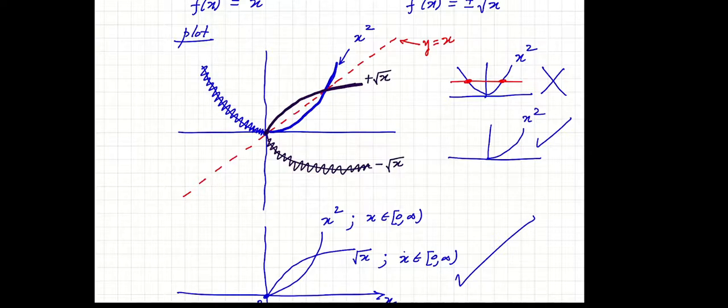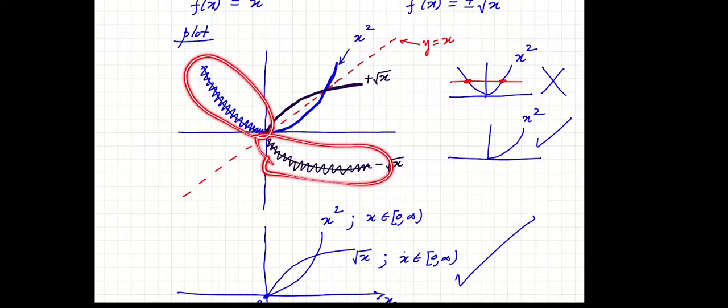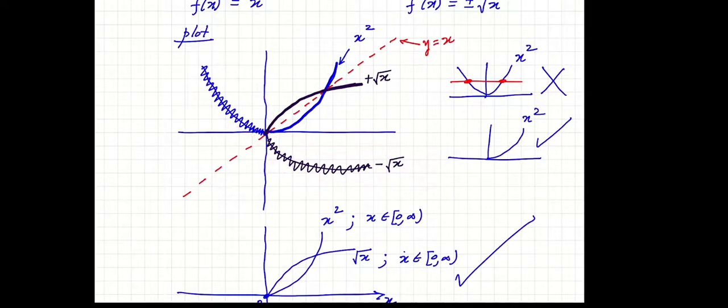Now what I'm going to do is this. I need to be a little smart now, right? I erase this part and this part, and I'm going to take those two parts now.